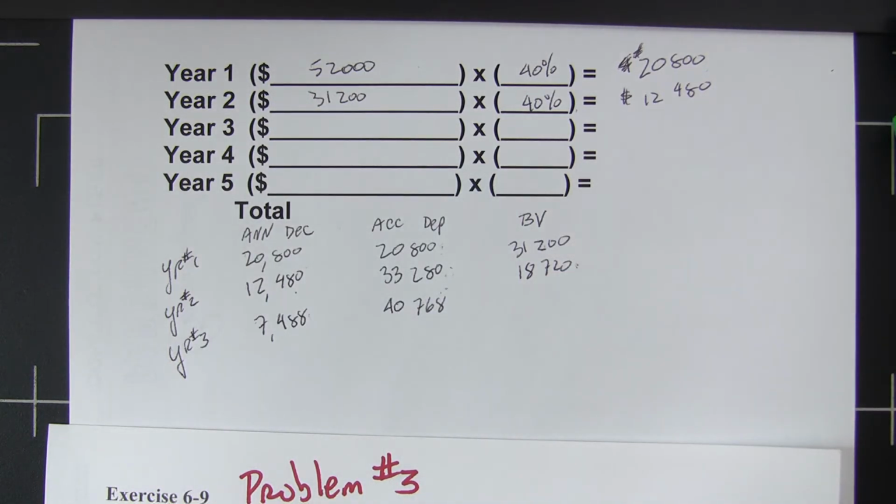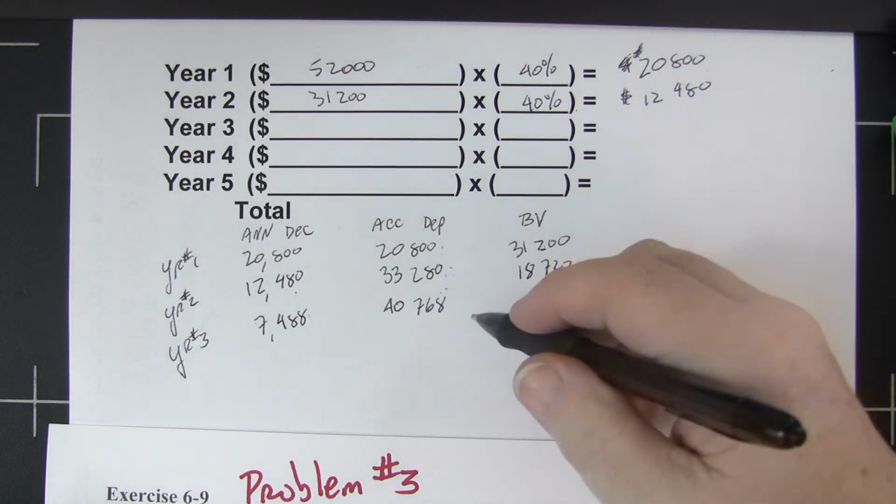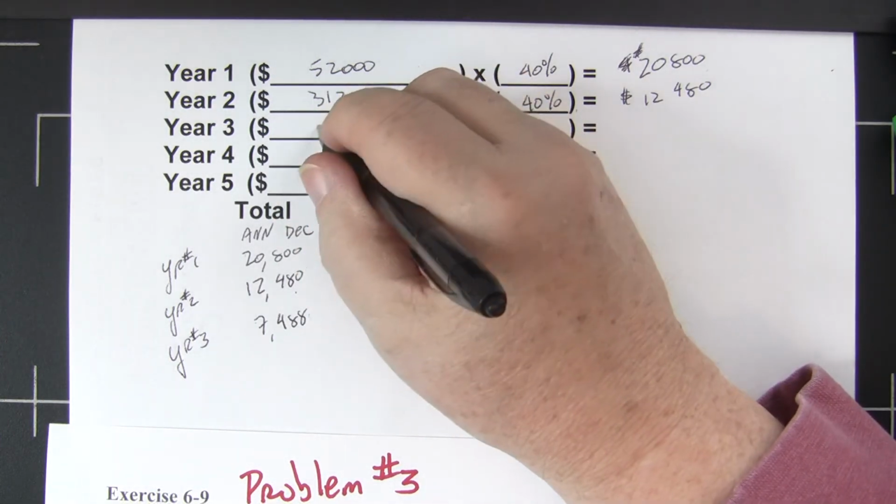And my book value now is my 52,000. I didn't put this in up here, sorry.